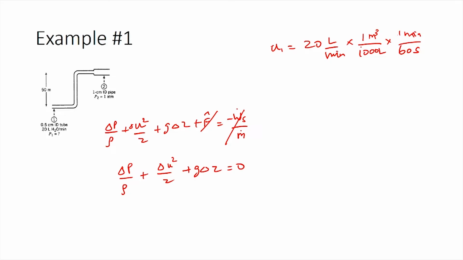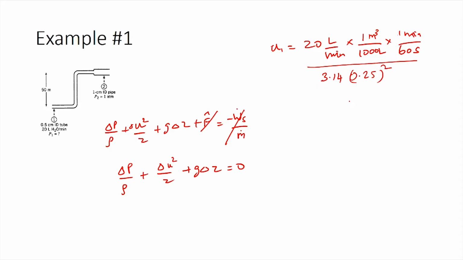So, this is now converted to meter cube per second. We want to divide this by the cross sectional area, which would be pi r squared. Pi is 3.14, and r here is 0.25 squared.